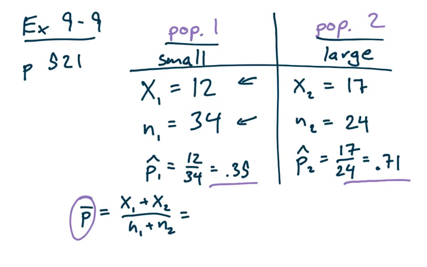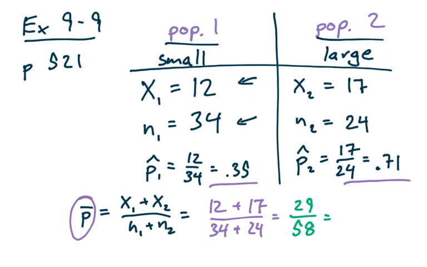So what is this going to be? This is going to be 12 for the first number of nursing homes plus 17, all divided by, here we had a total of 34, and here we have 24. So we'll be adding those together, and this works out as 29 over a total of 58.